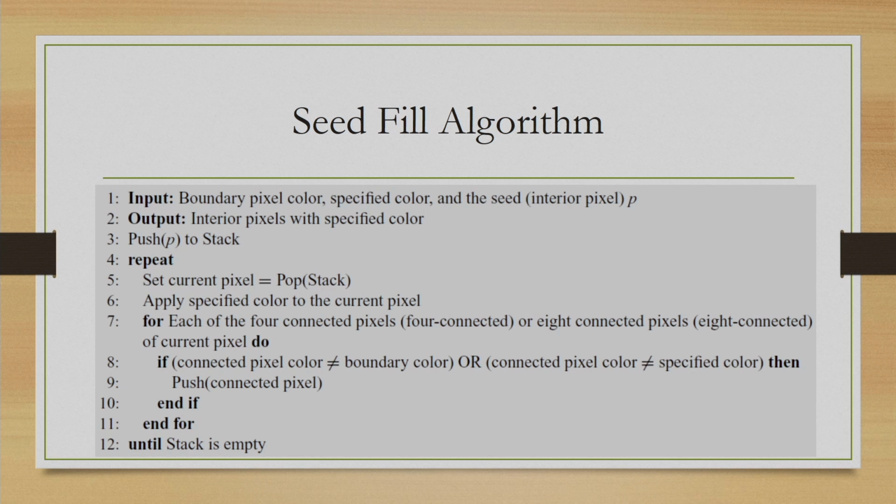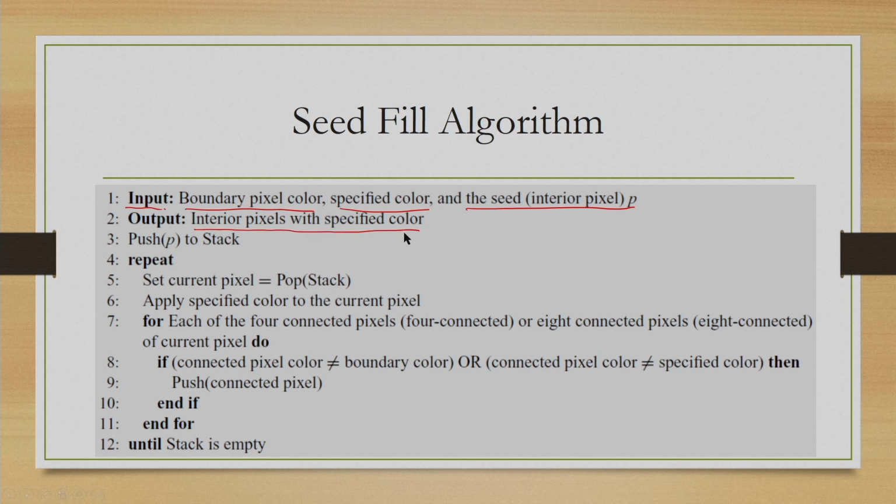The algorithm is shown here. So, what is our input? The boundary pixel color, the specified color which we want to assign to the region, and the seed or interior pixel, any one seed pixel, and the output is the interior pixels with specified color.